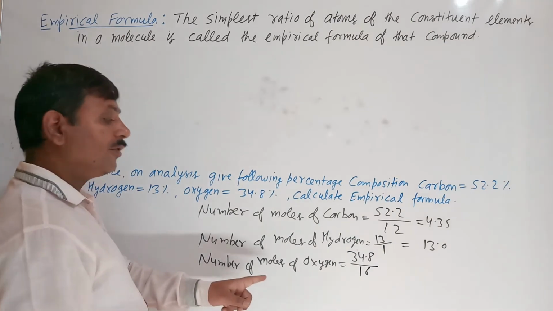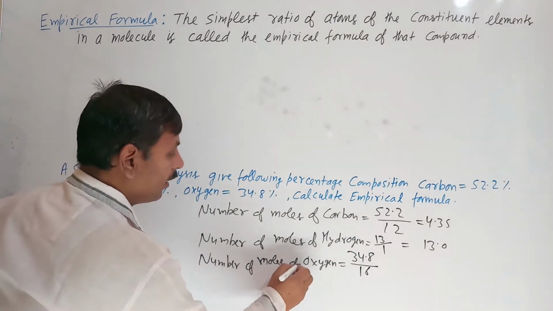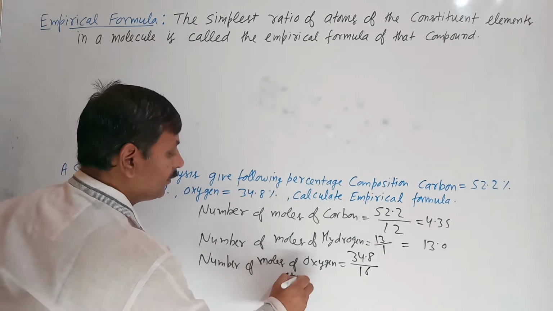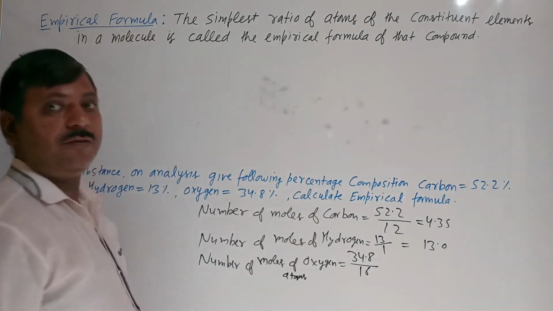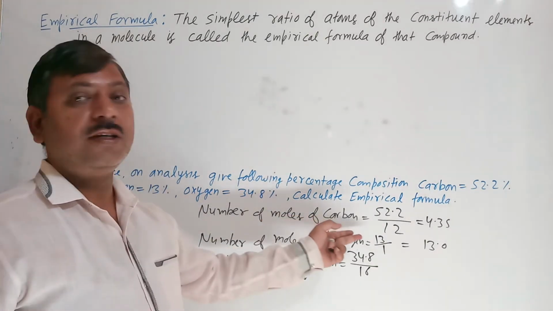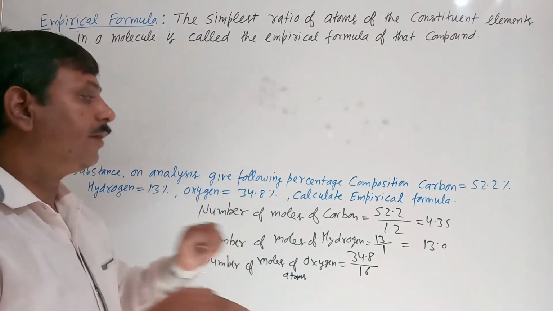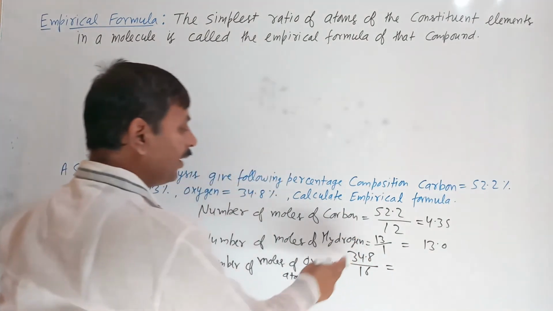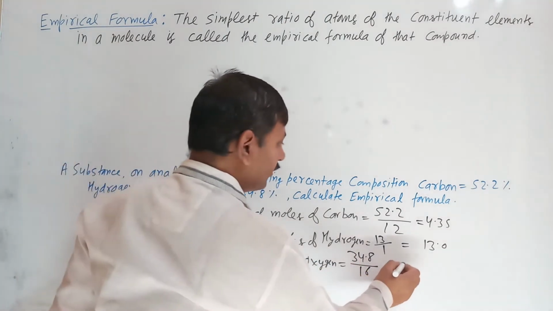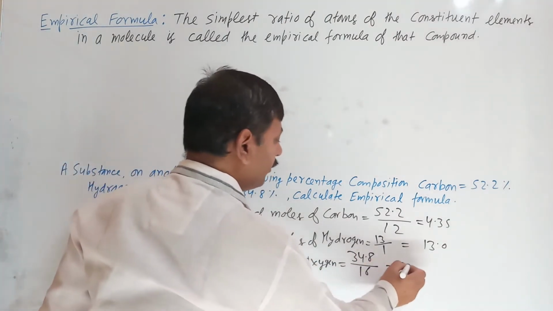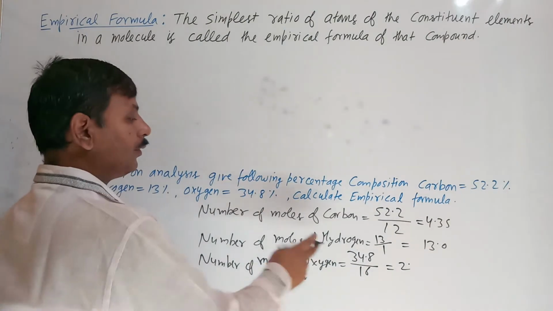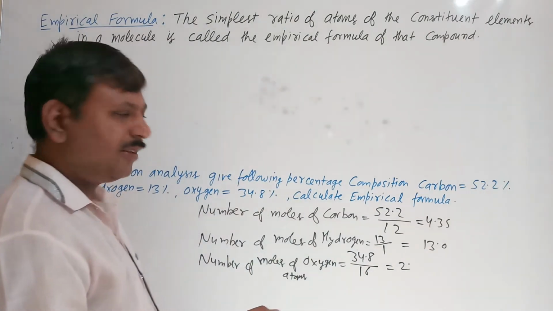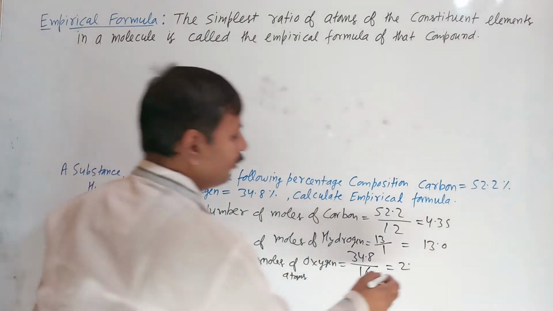These are the numbers of moles of atoms of oxygen and carbon present in that compound. 16 2s are 32, so it is less than 2.2, nearby 2.18.